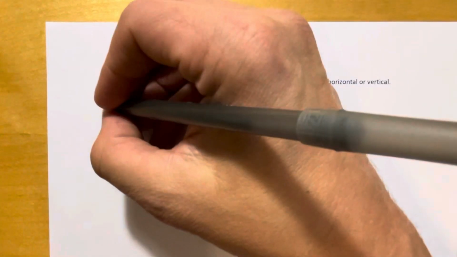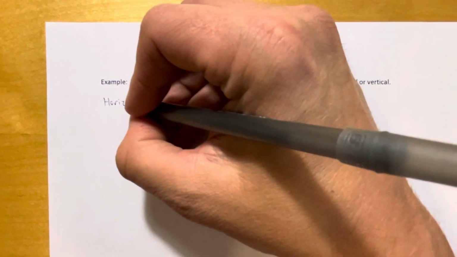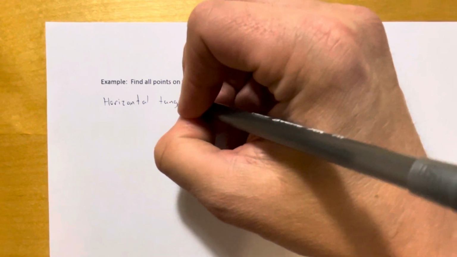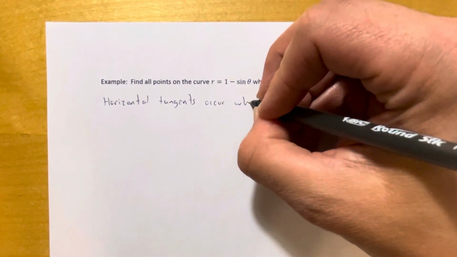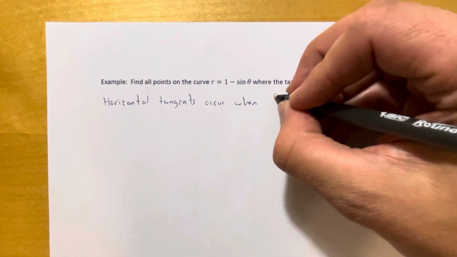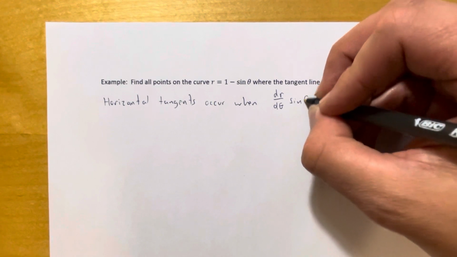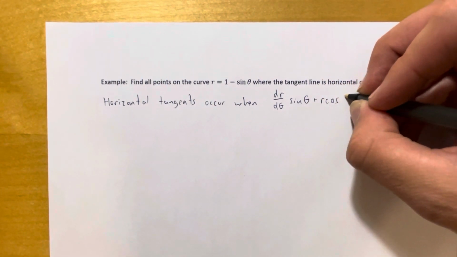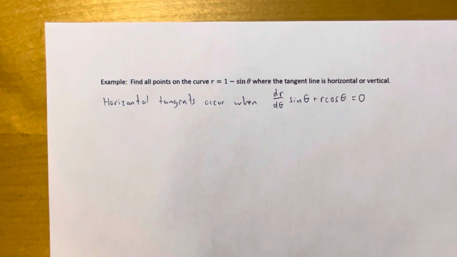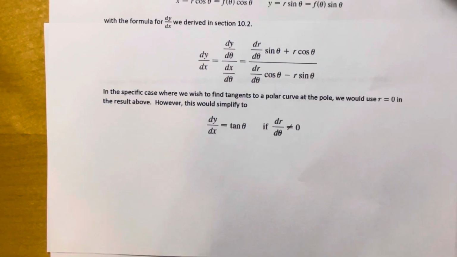So horizontal tangents occur when that numerator, which looked like this, dr d theta sine of theta plus r cosine of theta, is equal to 0, provided that this denominator is not also equal to 0. Okay, so we need to be careful with that.